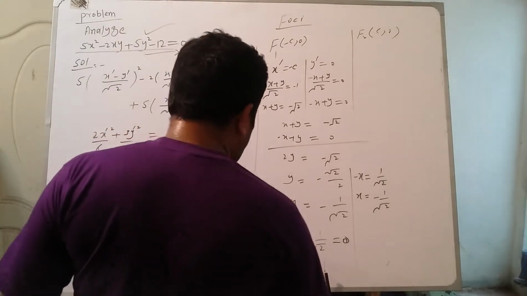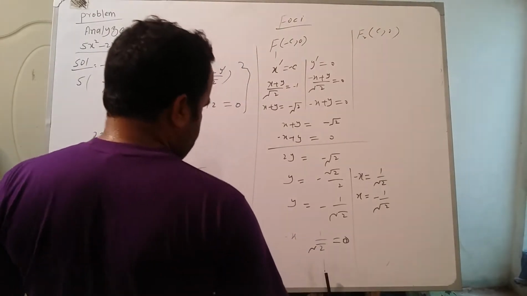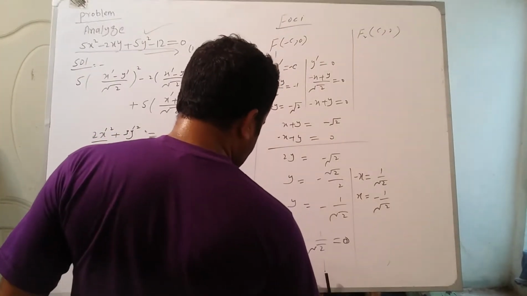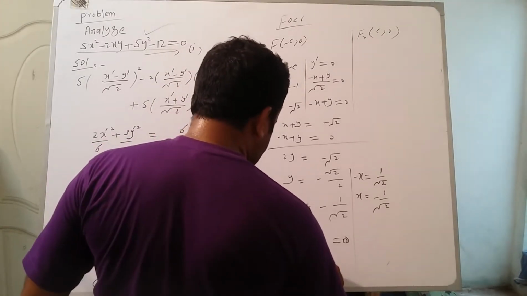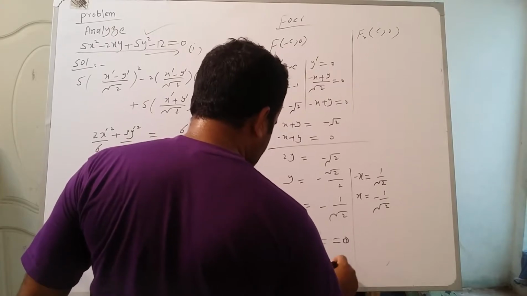So our F1: what is the value of x? Minus 1 over root 2. And what is the value of y? It is also minus 1 over root 2.